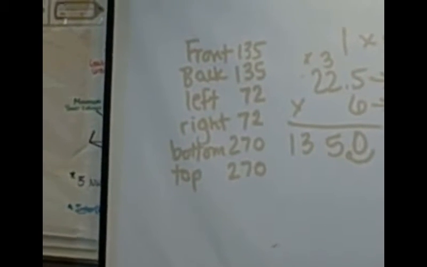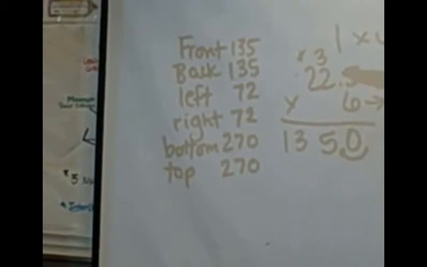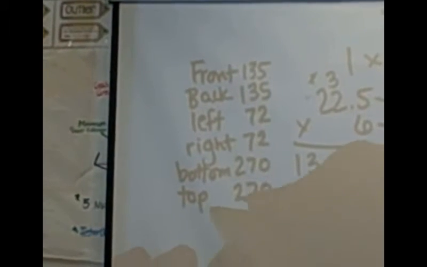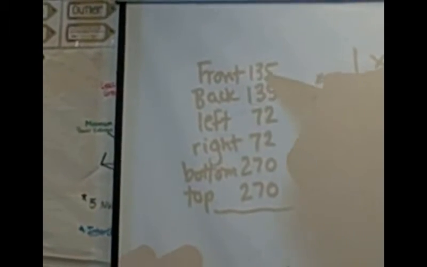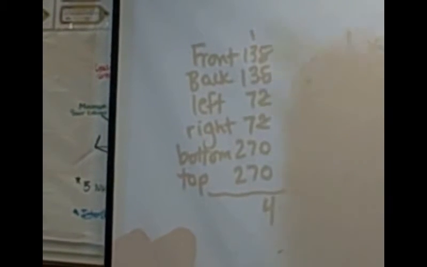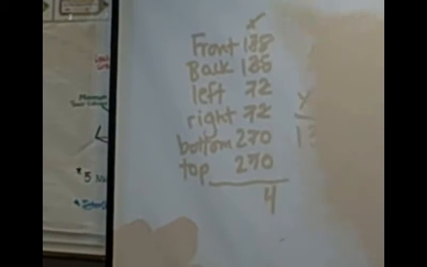Now since we're looking for the surface area of the entire shape, I'm hoping you all recognize that we need to now add all 6 of these numbers together. So let's go ahead and add them up. 5 plus 5 is 10. 10 plus 2 is 12. 12 plus 2 is 14. I see 4 sevens here, so 4 times 7 is 28. 28 plus 3 is 31. 31 plus 3 is 34. 34 plus 1 is 35.